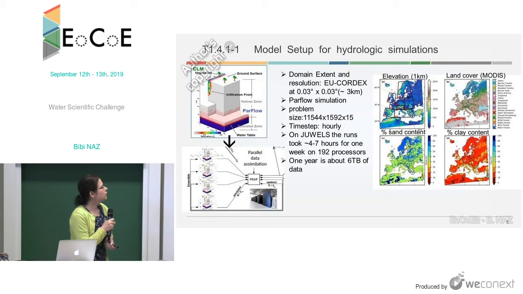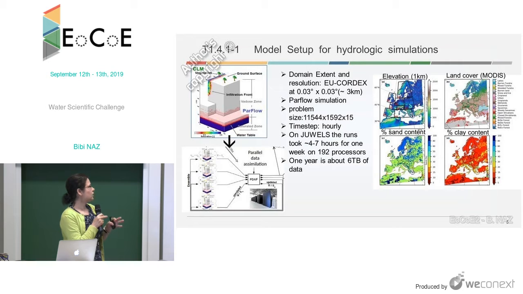We have set up this model over Europe at a 3-kilometer resolution currently, and the problem size for our model is around 1500 times 1500 times 15. So it's very computationally expensive, and we run this at an hourly time scale.